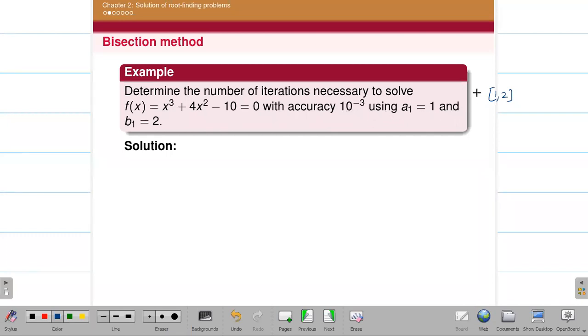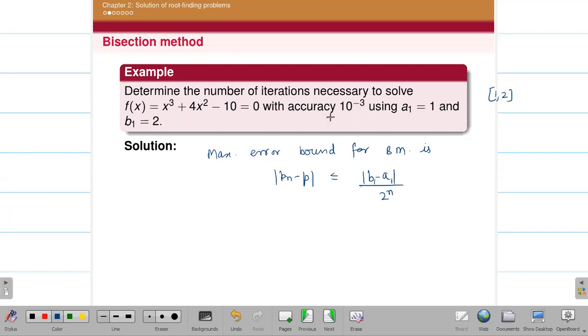So using this interval [1, 2], after how many iterations will you get this accuracy? So if I write the maximum error bound for the bisection method, that is pn minus p less than or equal to (b minus a), or I can write (b1 minus a1), divided by 2 raised to power n.